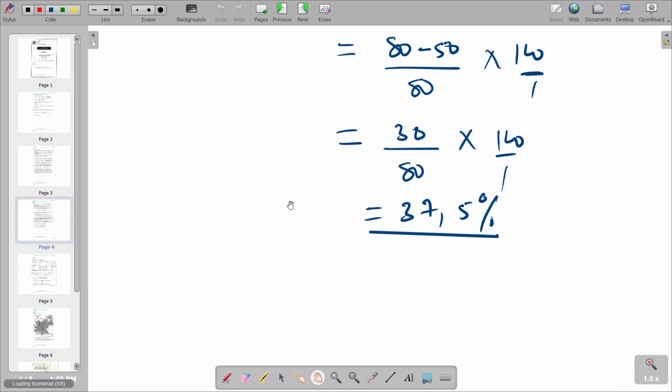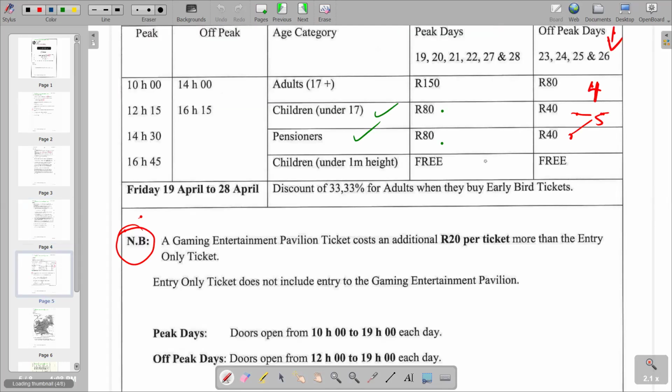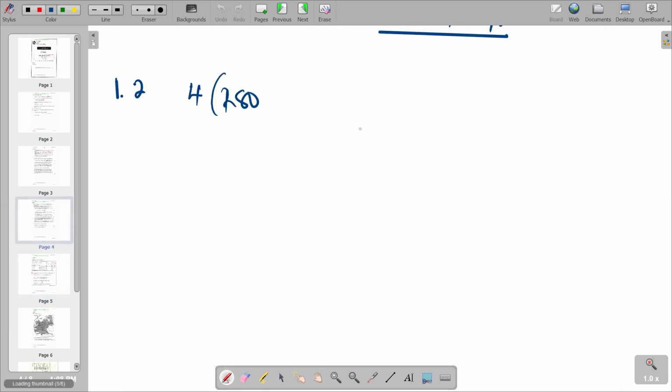So we come here. This is going to be our 1.2. On 1.2, we are going to say 4, indicating the adults. We have got 80 rand plus the 20 per ticket. That is the additional cost. So we add the 20.